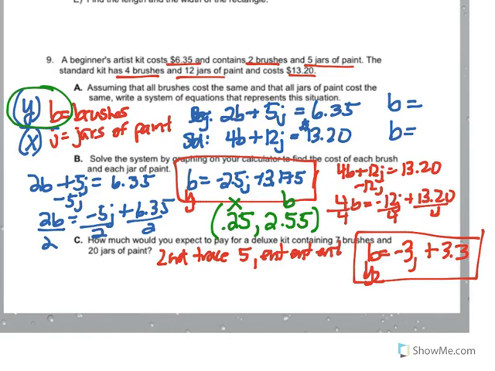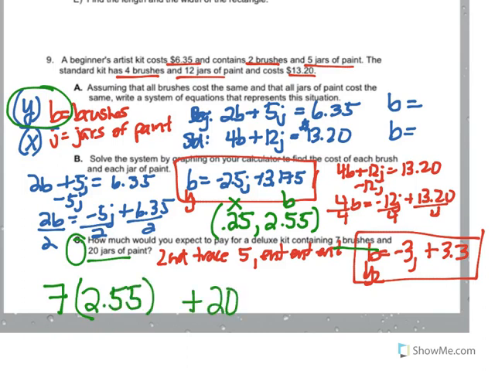How much would you expect to pay for a deluxe set containing 7 brushes and 20 jars of paint? Okay, so for our deluxe kit, this part C, we want to get 7 brushes and 20 jars of paint. So you're going to do 7 times what the brushes cost, and the brushes cost $2.55, plus 20 jars of paint, which cost 25 cents.